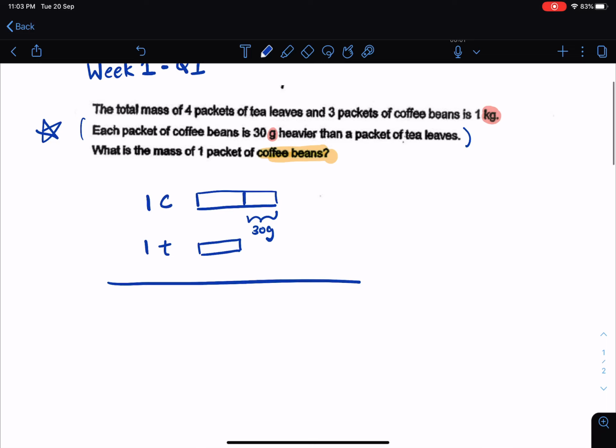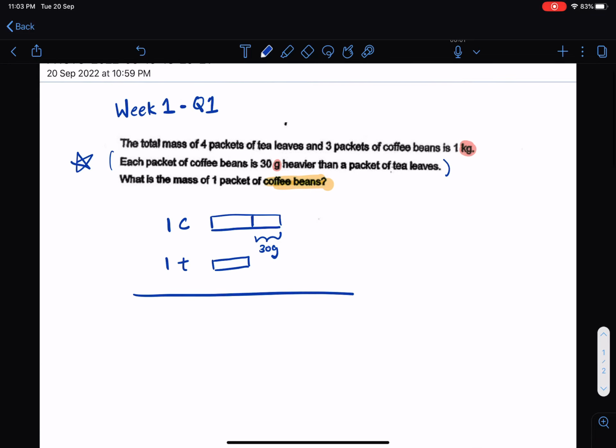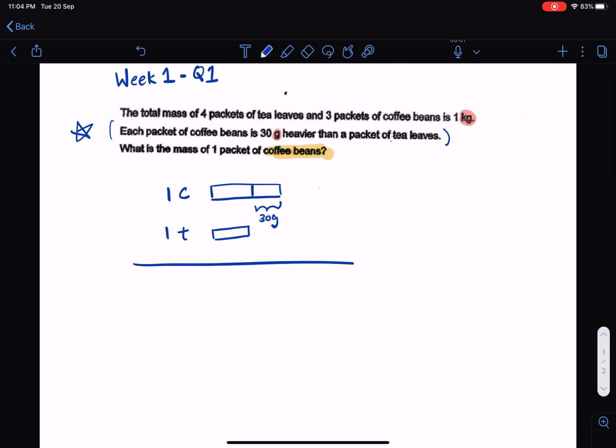After which, I will draw what the question is saying, which is the total mass of 4 packets of tea leaf and 3 packets of coffee bean. Let me draw coffee first, since it's what I drew first for the very first model. So 3 packets of coffee.